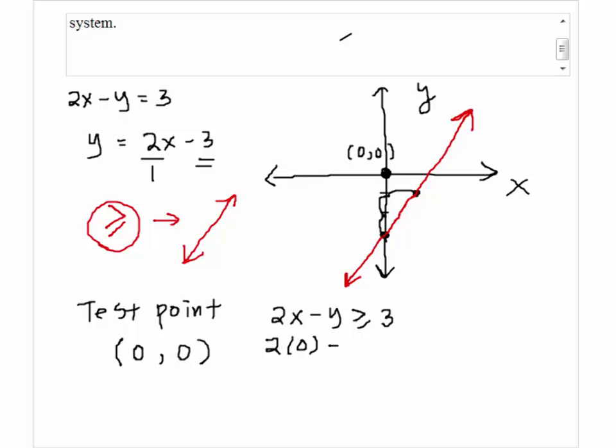So 2 times 0 minus 0 is greater than or equal to 3. 0 minus 0 is greater than or equal to 3. So 0 is greater than or equal to 3, which is a false statement.